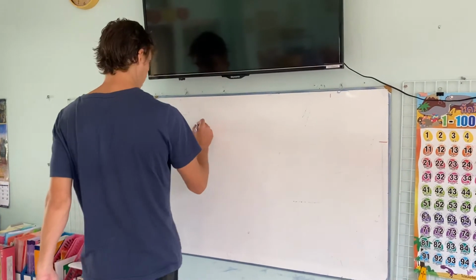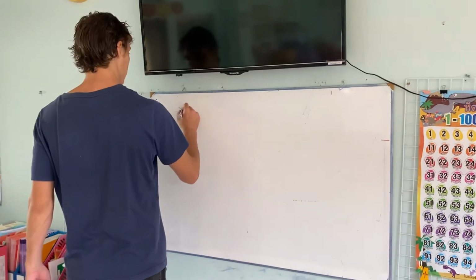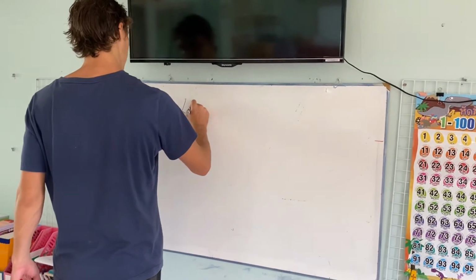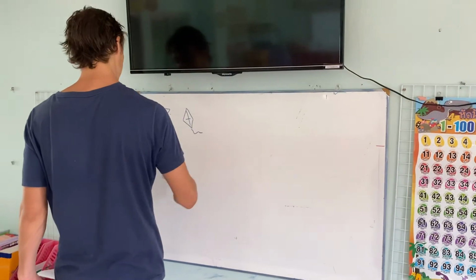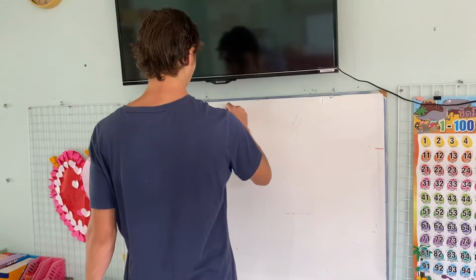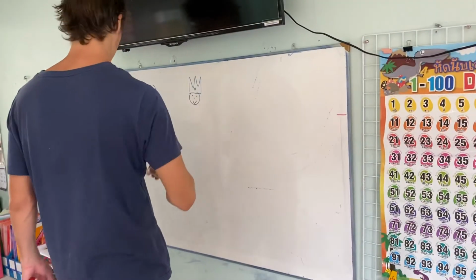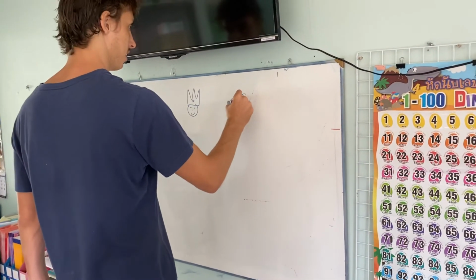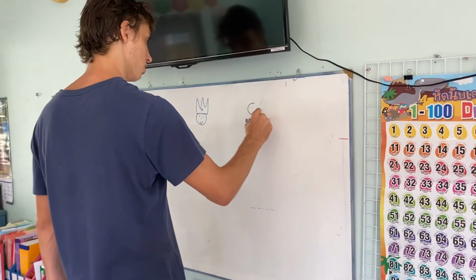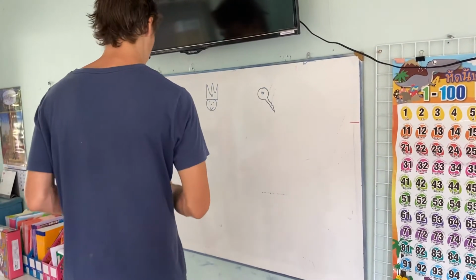So we have, this is number 7, right? So we have kite there, like that. We have the king. We have the key. Okay?